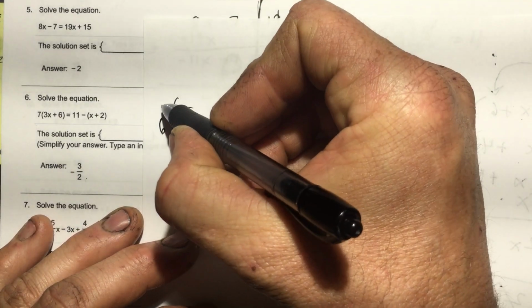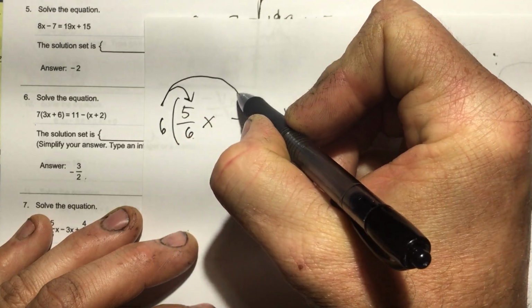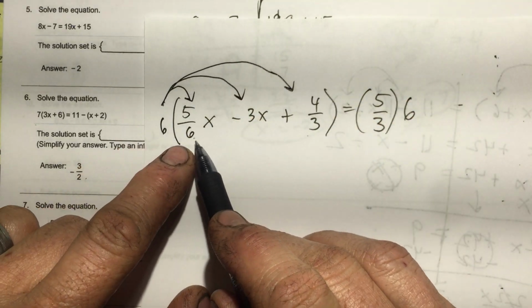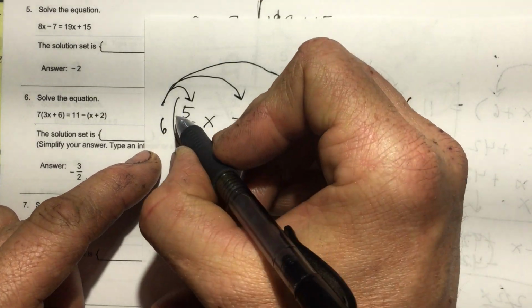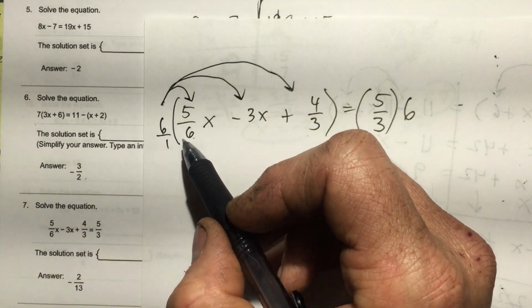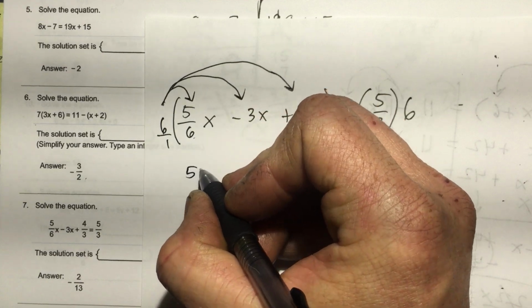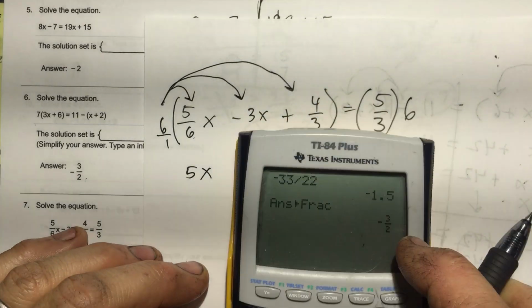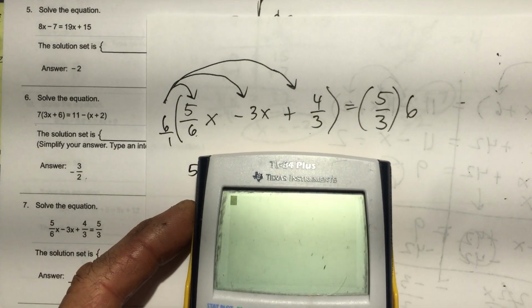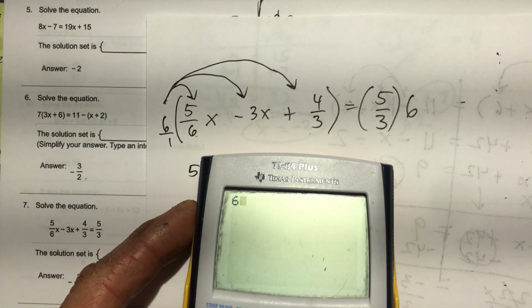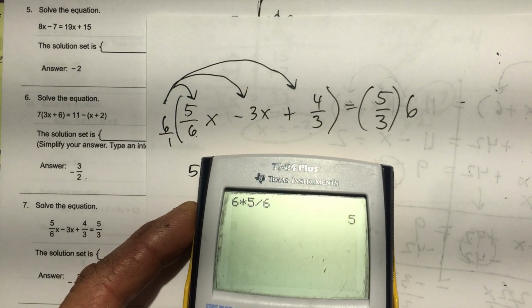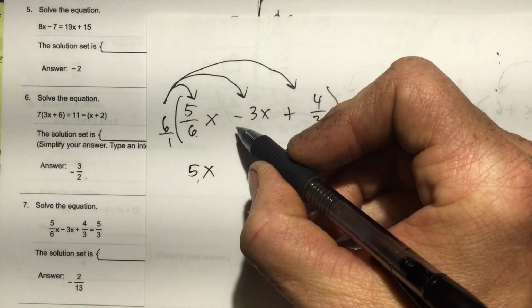All right, so when I multiply by 6 here, I'm going to have to distribute to all 3 of these. So when I do 6 times 5/6x, the 6 is 6 over 1. The 6's will cancel, which would just be a 5x there. Now, if you can't do the canceling, you just punch this in on the calculator: 6 times 5 divided by 6, which is 5x.